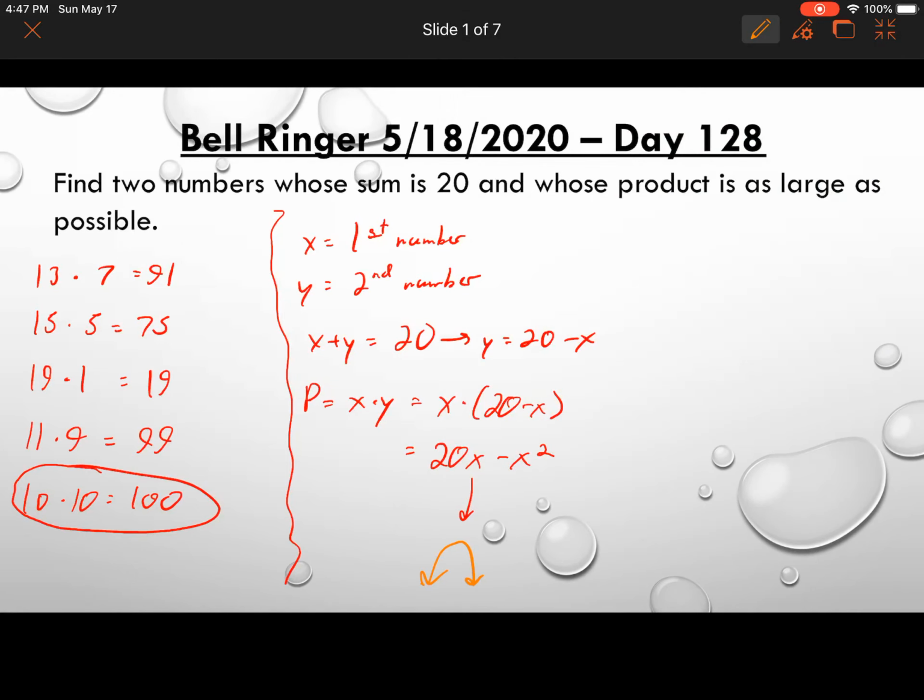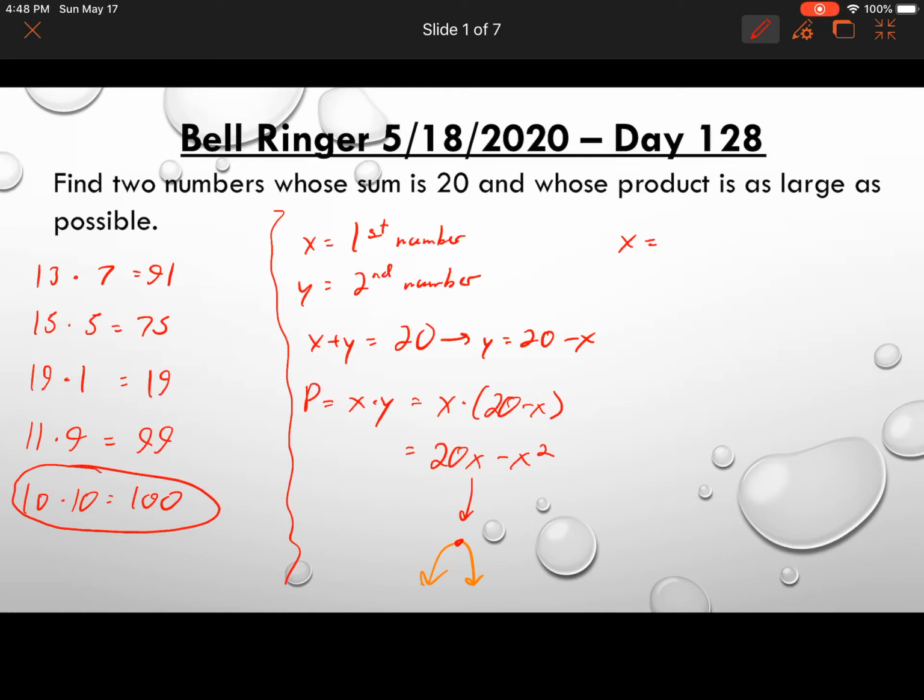Now, since we're trying to find the largest product of these two numbers, in other words, we're trying to find the maximum of this parabola. And the maximum of a parabola is also the vertex of that parabola. Well, there is a quick formula we can use to find the vertex of a parabola.